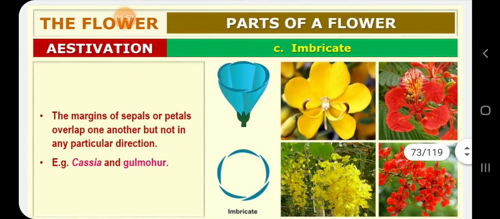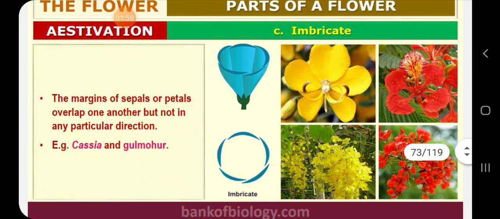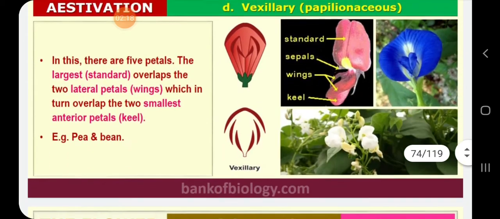Imbricate estivation: the margins of the sepals and petals overlap one another but not in any particular pattern. There is no pattern of twisting on each other, so that is called imbricate estivation. For example, gulmohar and cassia.